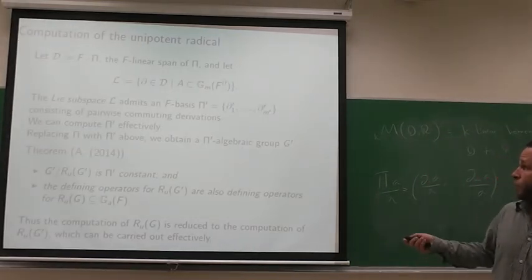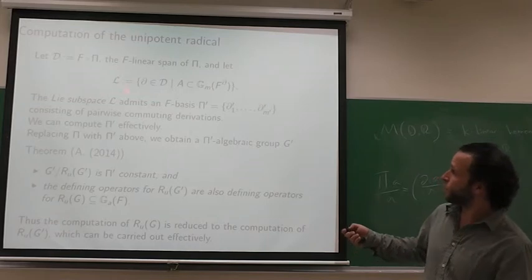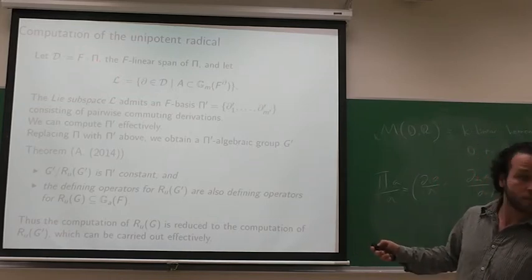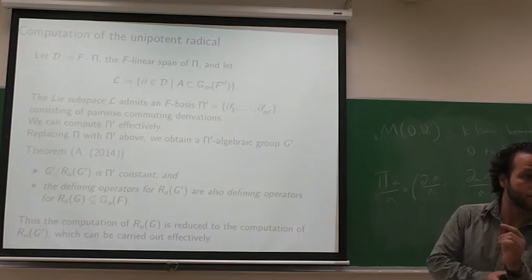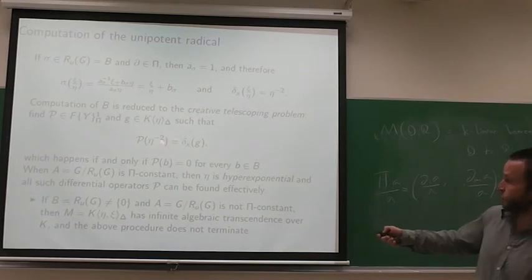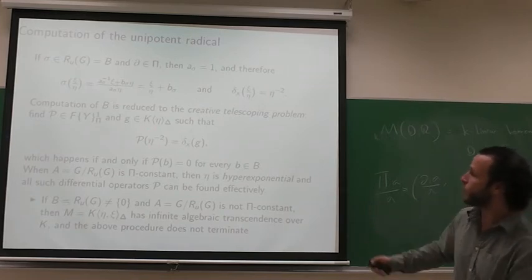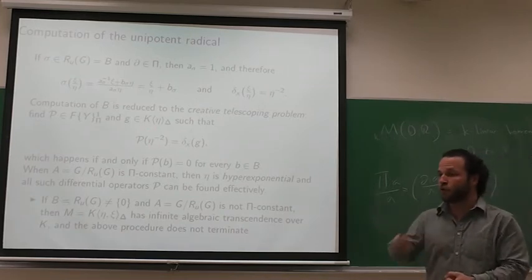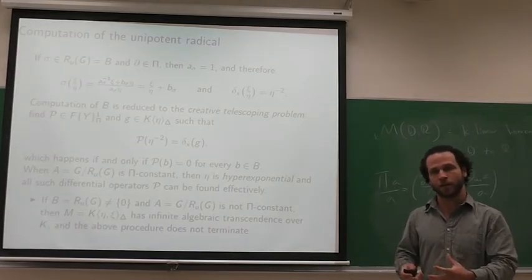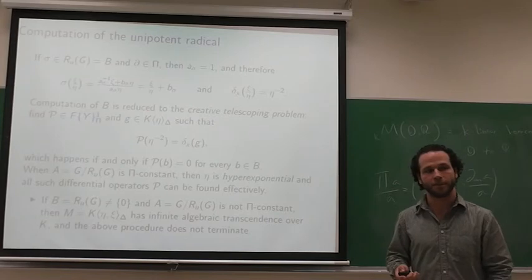When it's not pi constant, what you do is you find a vector space. So that would be the place where Dreyfus' procedure failed, correct? Yes. Yeah, he comes up with this condition here, but when you sit down and you try to find all the P's that satisfy this, you won't finish unless A is pi constant.